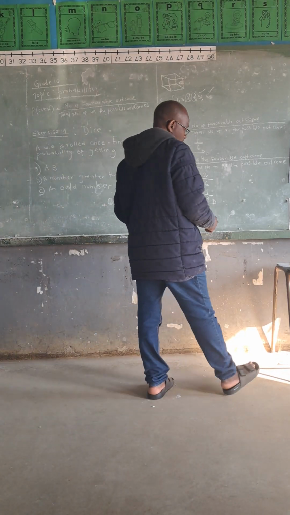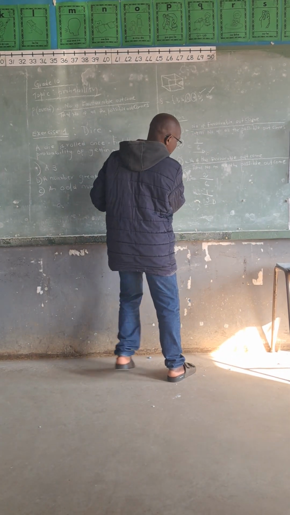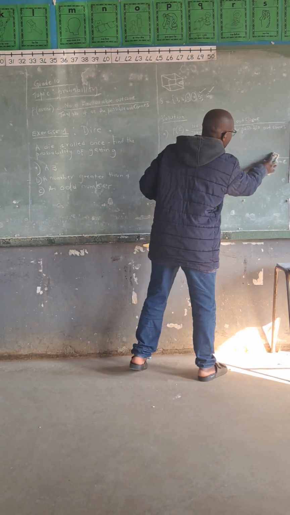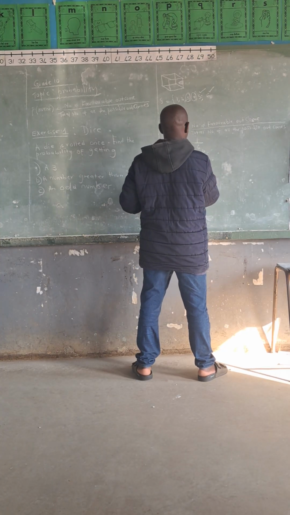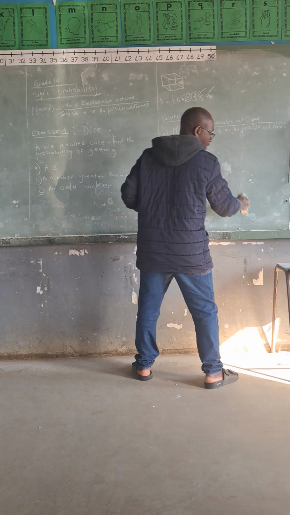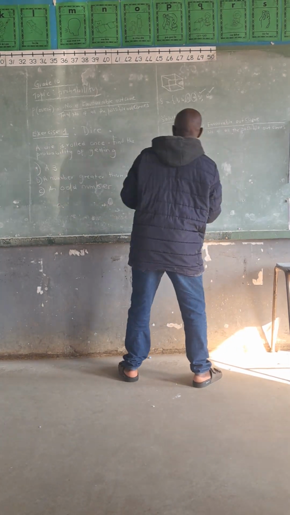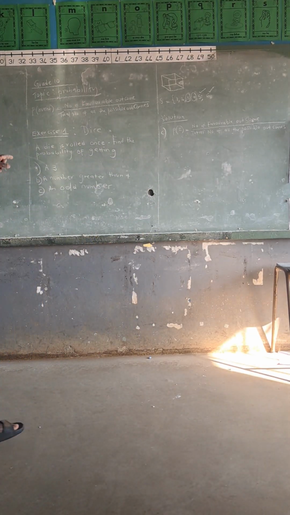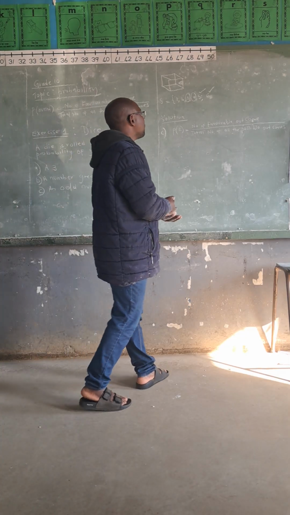Now, let us look at the last question, C. Find the probability of getting the odd number.